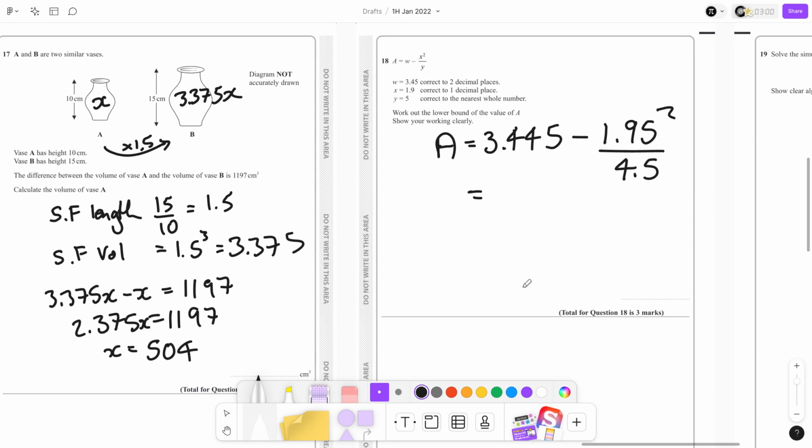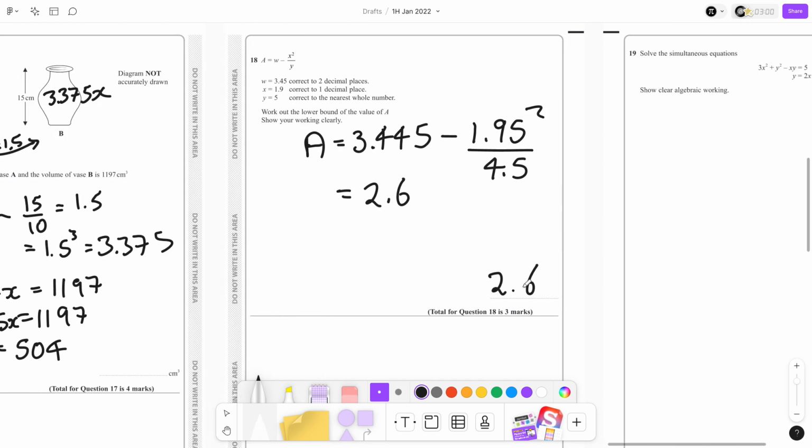So if we do that calculation, 3.445 minus 1.95 squared divided by 4.5 equals 2.6. So the lower bound of A is 2.6.